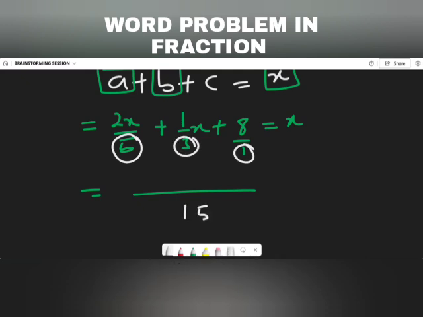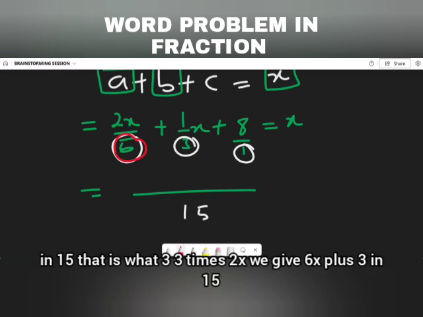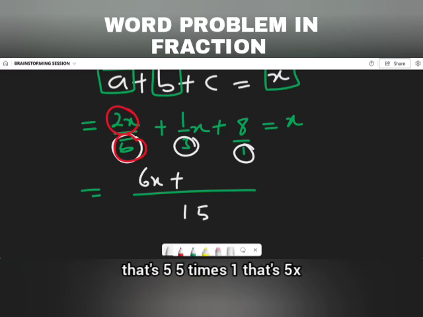Now let's go. 5 in 15, that is 3. 3 times 2x will give us 6x, plus 3 in 15, that's 5. 5 times 1, that's 5x.